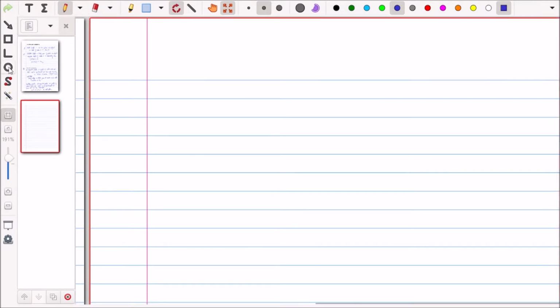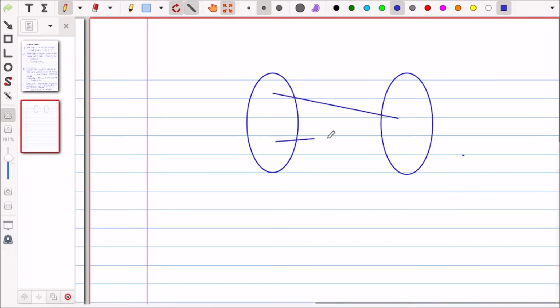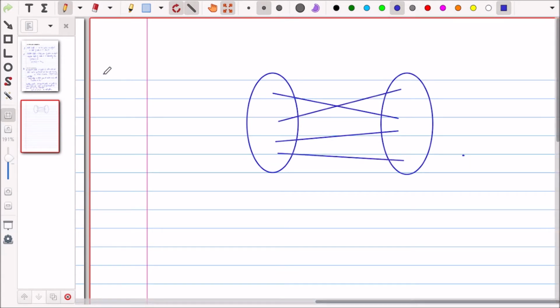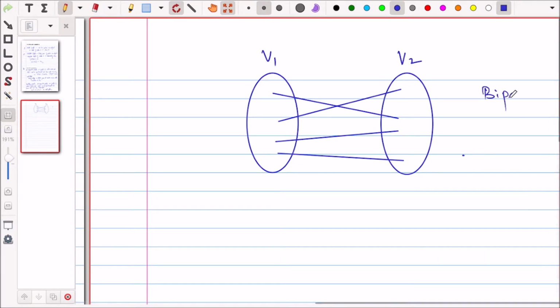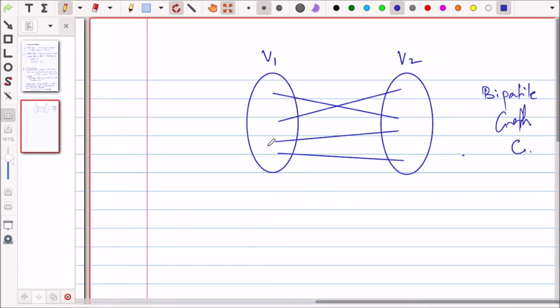So if you have this, so this is V1, this is V2, and all the edges will lie in this. So like this. Okay, so every edge will lie in this. Okay, so this is how it will be. So V1, V2. ठीक है, is that fine?